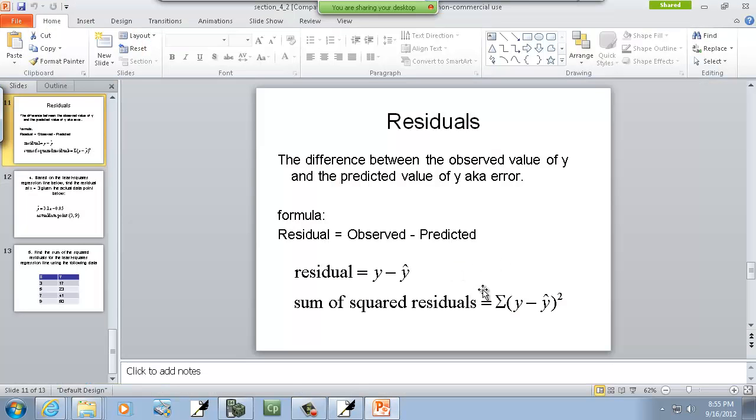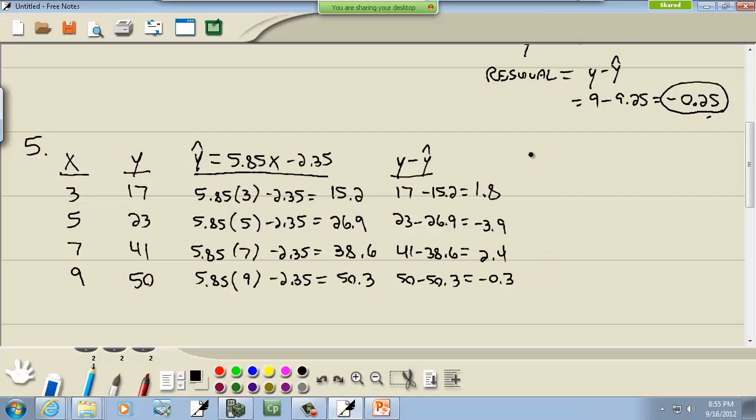Okay. Now this is y minus y hat squared. So we got y minus y hat now, so let's find y minus y hat squared. This would be 1.8 squared, negative 3.9 squared, 2.4 squared, and negative 0.3 squared. Usually the common error right here is people will square something to come up with a negative number.